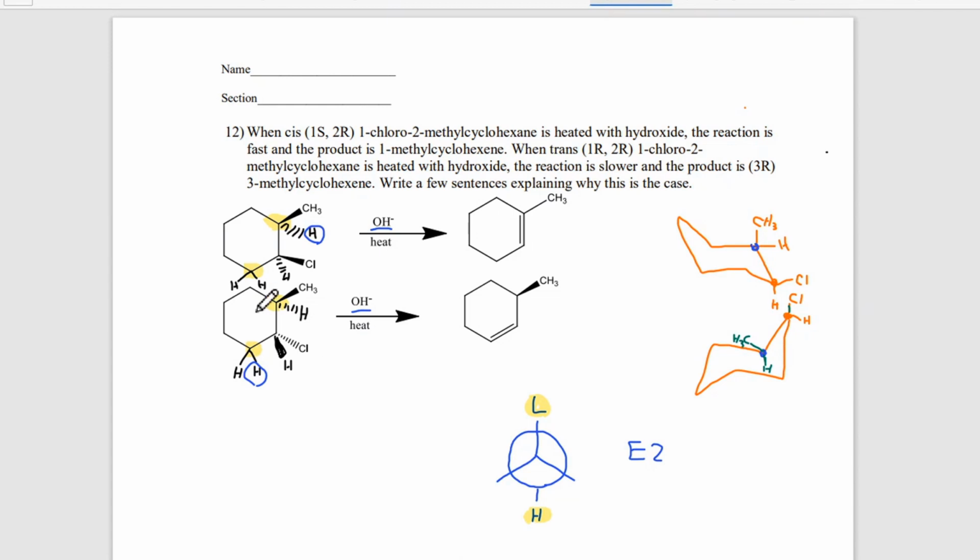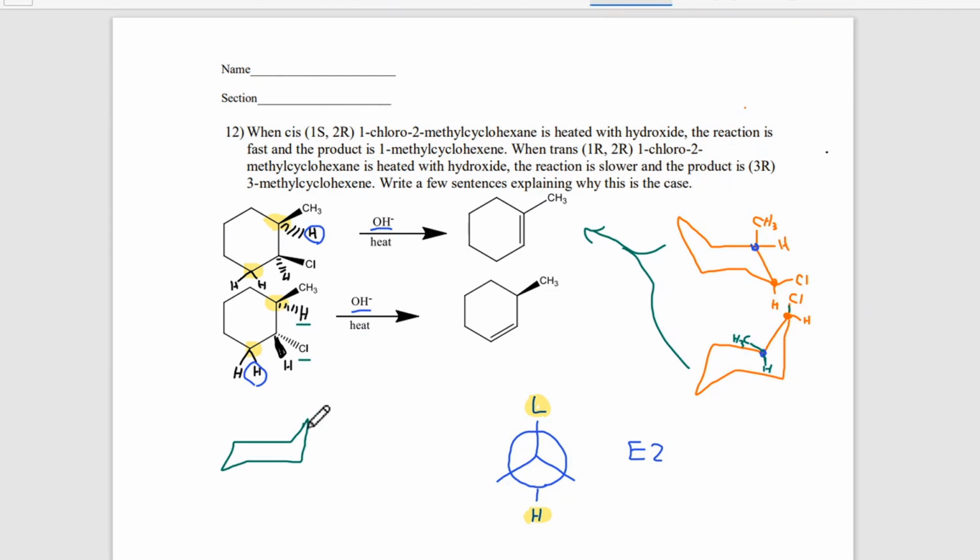However, this is all for the top situation. But if you look at the bottom one, the hydrogen here is dashed, and the chlorine is also dashed. So they're actually on the same side, and there's no way for them to be on opposite sides.